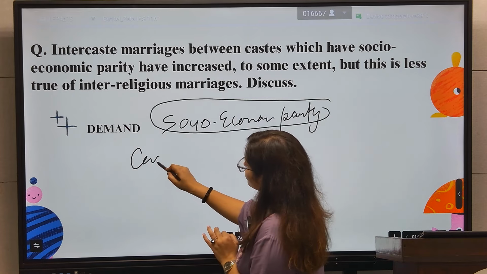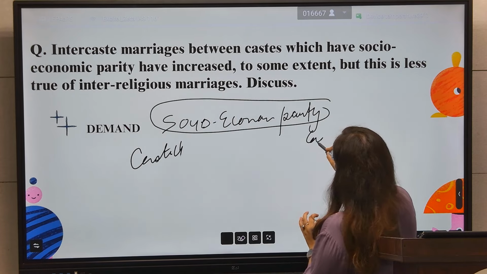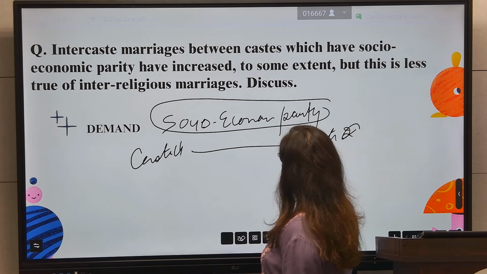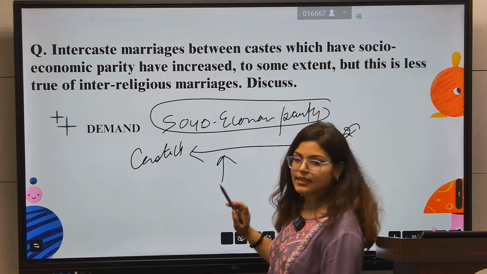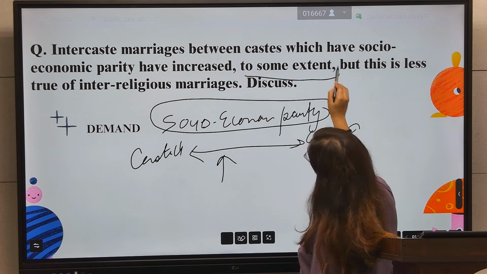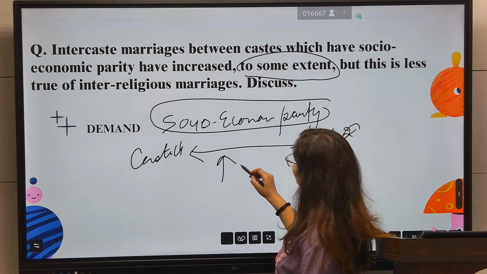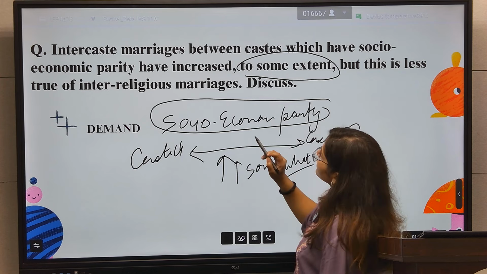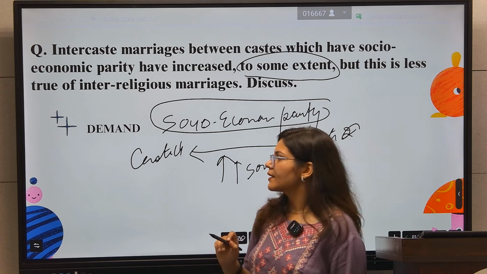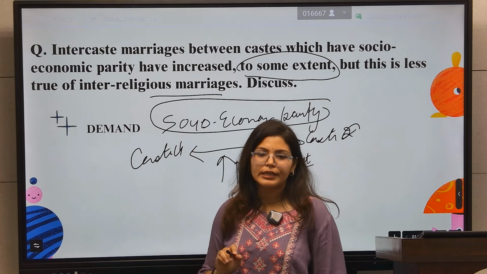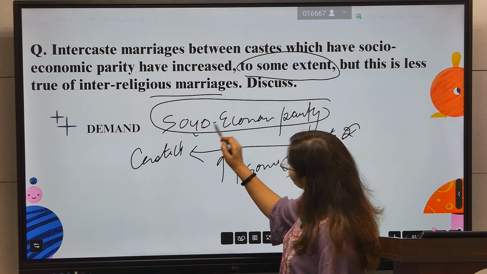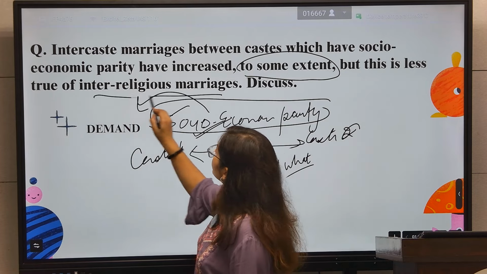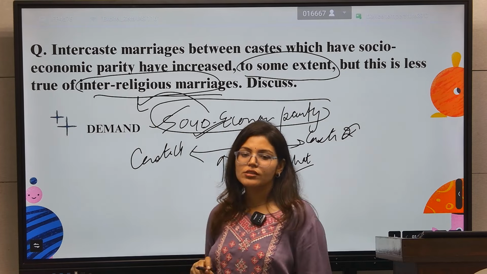So if there is caste 1, caste 2, and they have socio-economic parity, the intercaste marriages are somewhat increasing. But this trend is not true for interreligious marriages or interfaith marriages, that having socio-economic parity doesn't impact much on interreligious marriages.